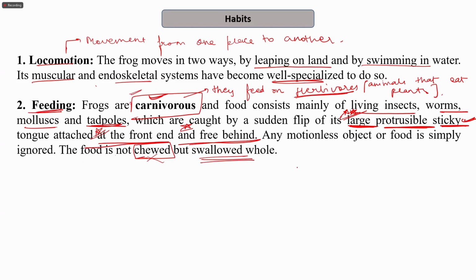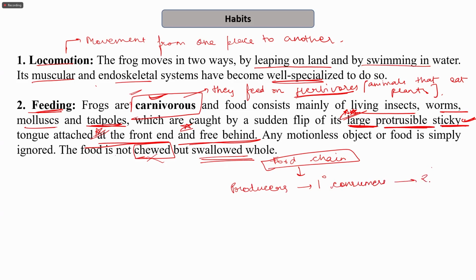You may be asked a question about which category the frog belongs to. When we talk about the food chain, where can we place the frog? In a food chain, firstly it is the producers that produce their own food. Then we have primary consumers, which are usually the herbivores.